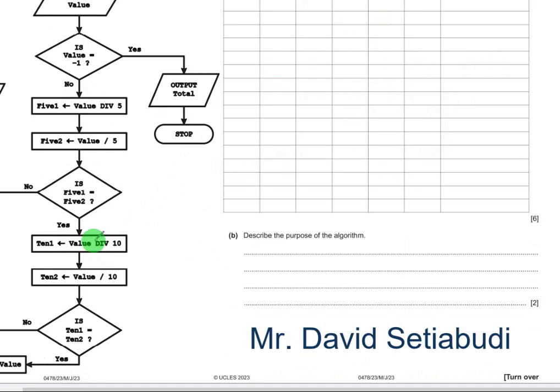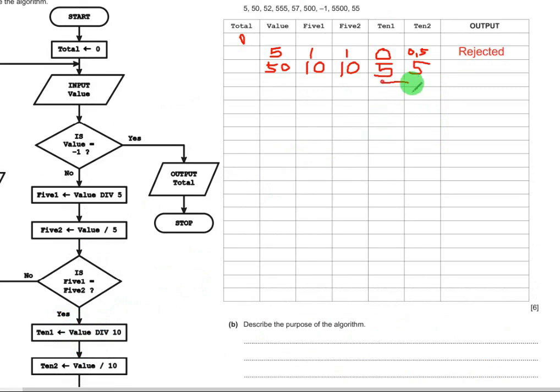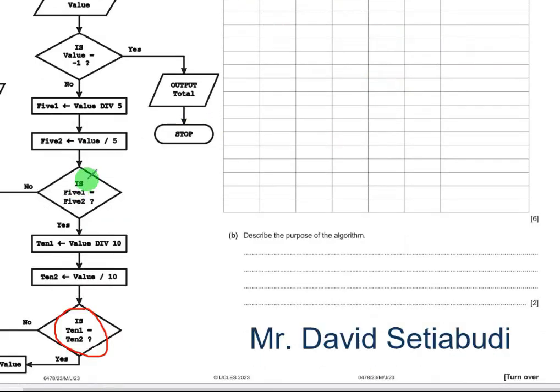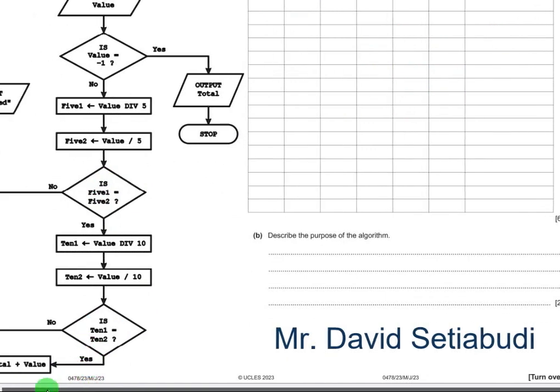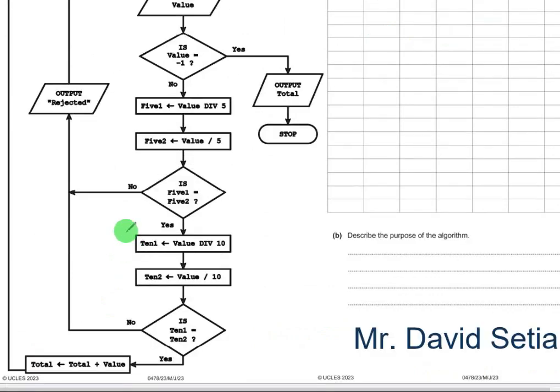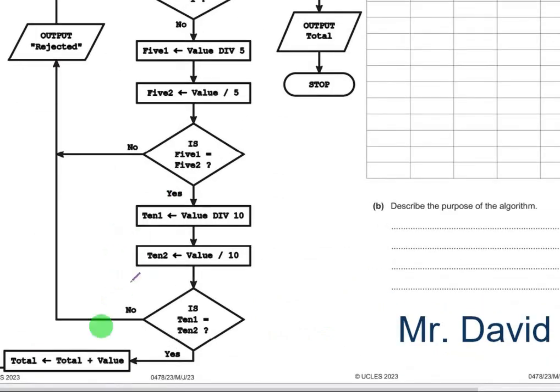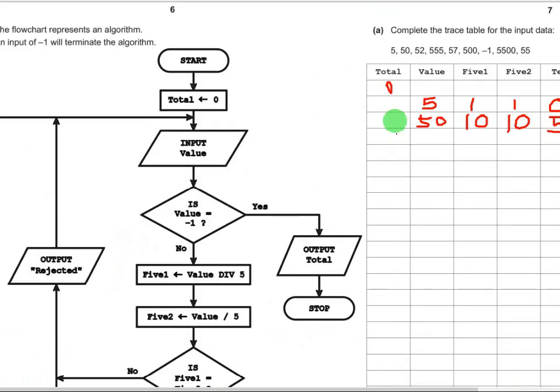And is there any output? Let's see later on. Let's go here. Is 10-1 the same with 10-2? Oh, it's the same. When it's the same, you move your hand going down to the yes. And you will see over here that the total started with 0.